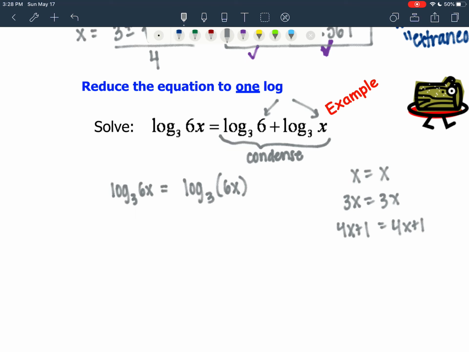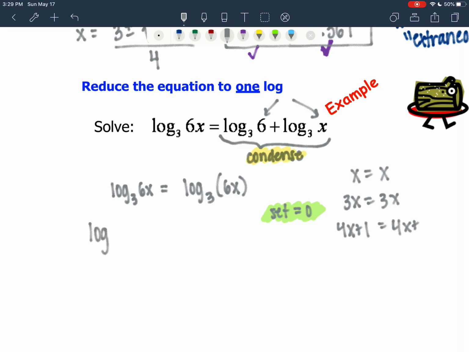But let's set this equation equal to 0 and take it a step further. So let's use a little bit more algebra. We're going to condense, and then we're going to set the equation equal to 0.